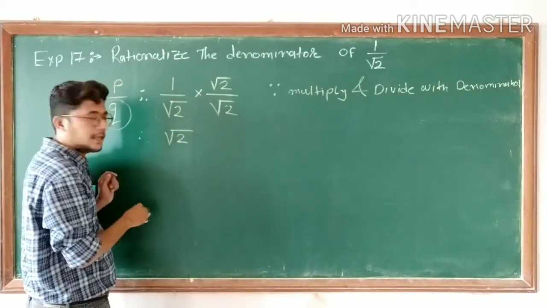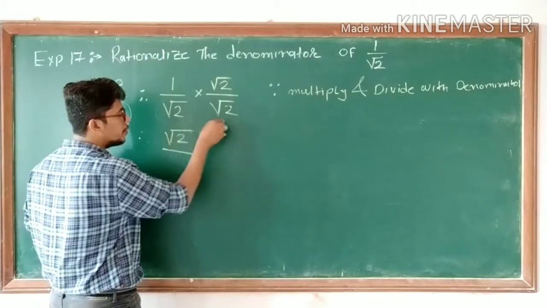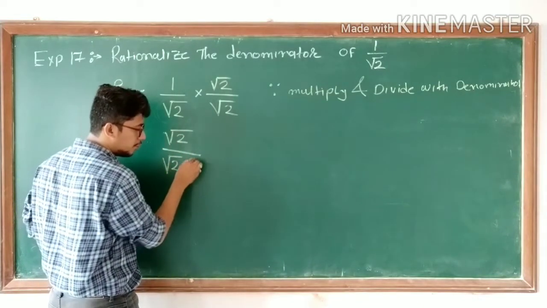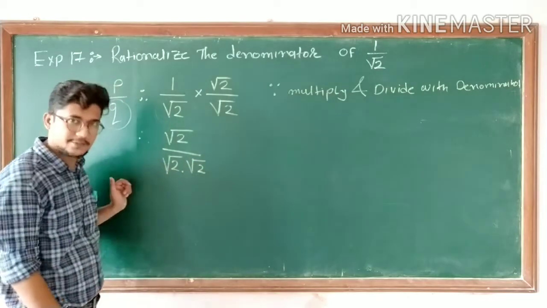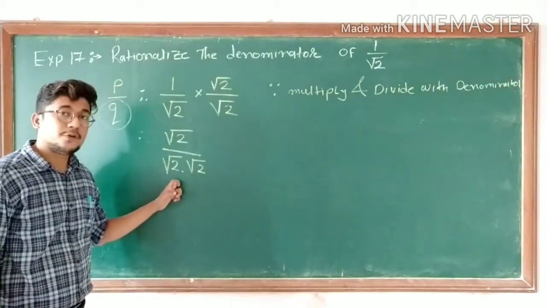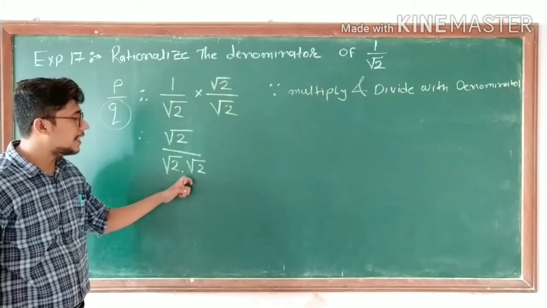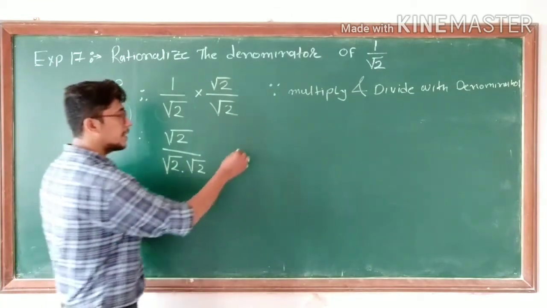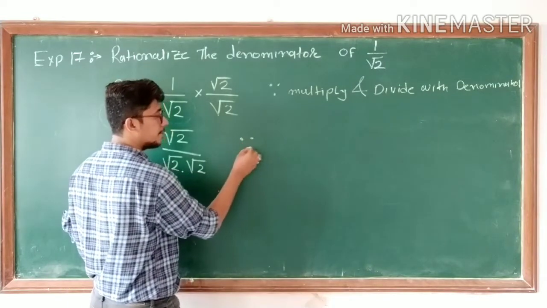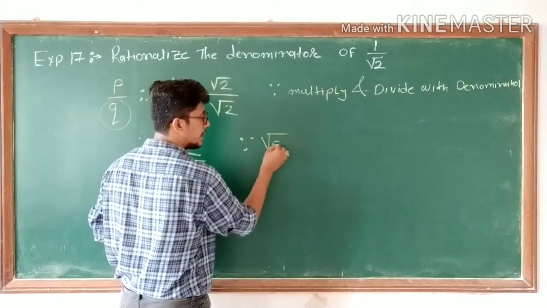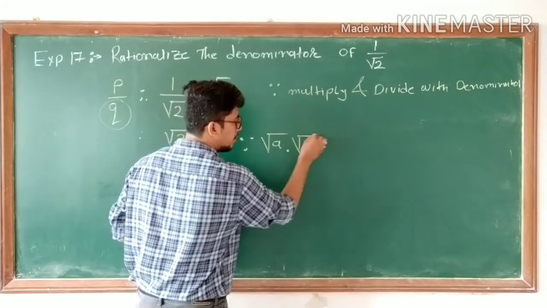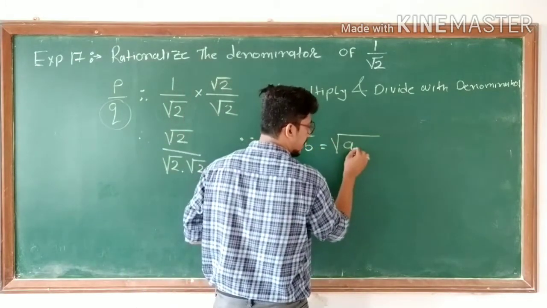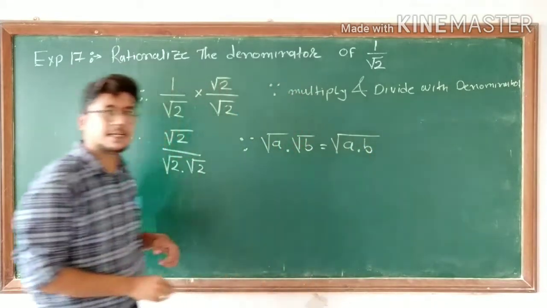Yes or no? Yes. Now therefore 1 into square root of 2 is square root of 2. And root 2 into root 2, can I write it as root 2 into root 2 as it is? Yes, we can write. Now we know from the identity, square root of a into square root of b is equal to the whole square root of a into b. यहाँ पे हम लिखेंगे, can we write like that?